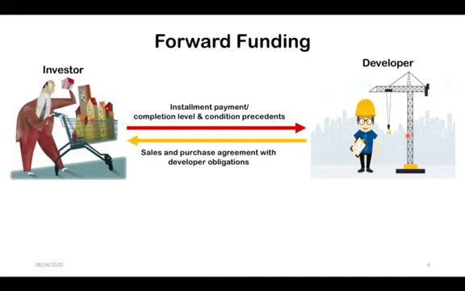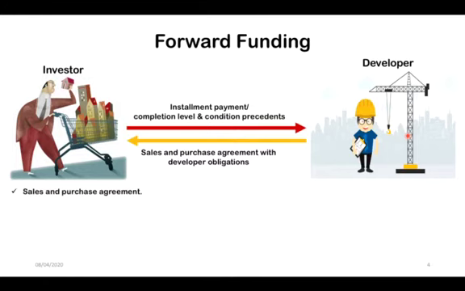So in summary, the obligations of the investor towards the developer and the developer towards the investor can be summarized as follows. So let's start with the investor. The investor may be required to sign the sales and purchase agreement.